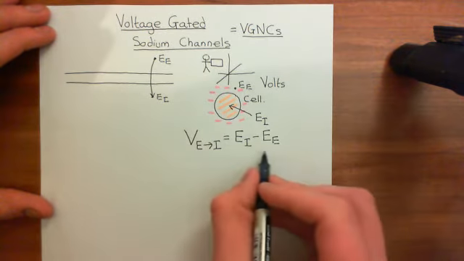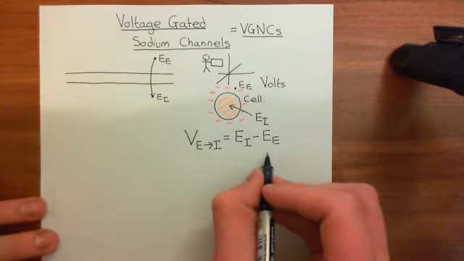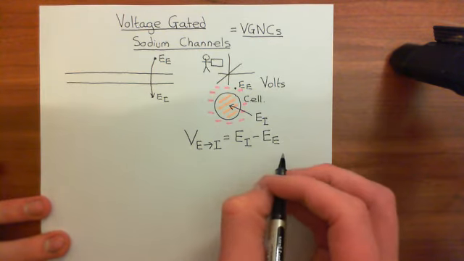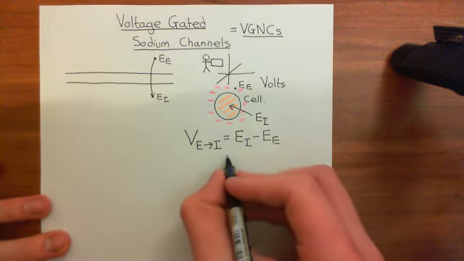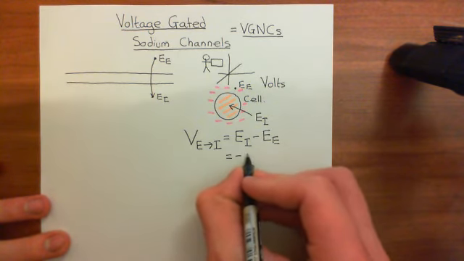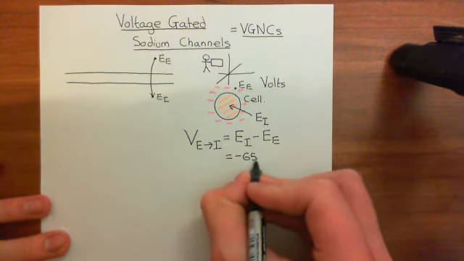So that is what is meant by the electrical potential difference from extracellular to intracellular. This is usually kept at around negative 65 millivolts.